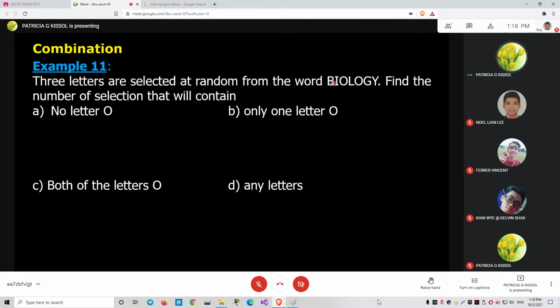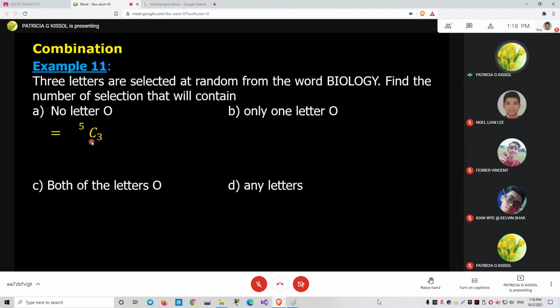So from this, I have 1, 2, 3, 4, 5, 6, 7. But since we do not want the letter O, that means we can select only 3 out of 5. Yeah, so 5 combination 3. We want to select 3 letters only, and because the condition stated no letter O, so we have 5 combination 3. And we choose combination.